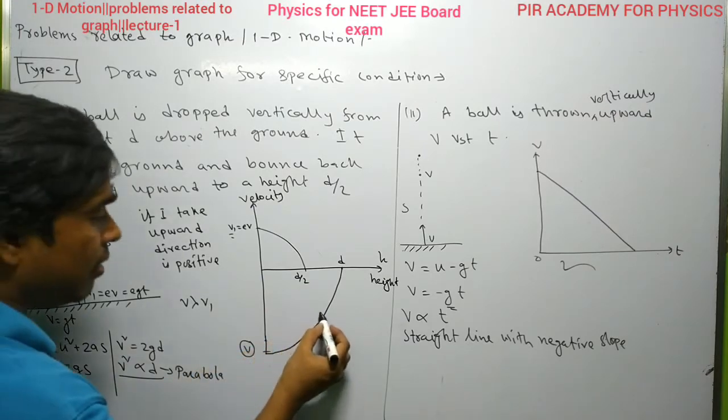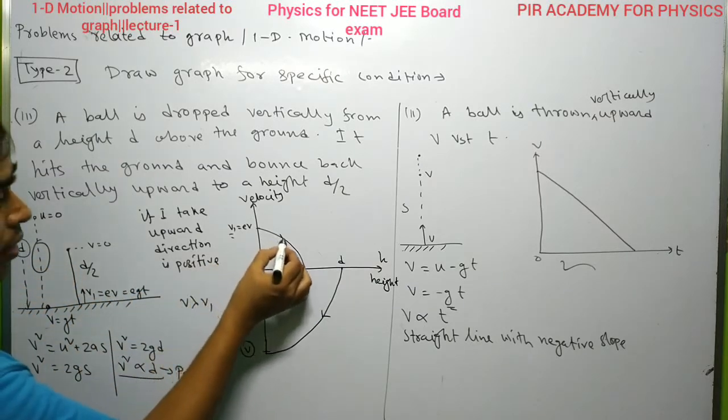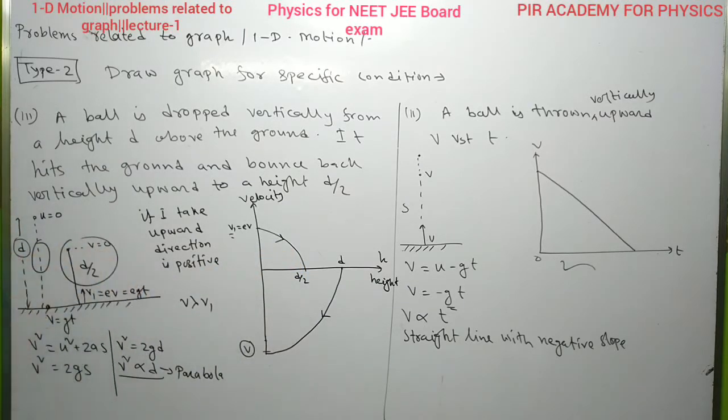So this is the graph for this condition and this is the graph for this condition. Do you understand? When a particle is dropped from a height d, the velocity at the ground is v equals gt, and the nature of the velocity versus height graph will be a parabola because v squared is proportional to height.